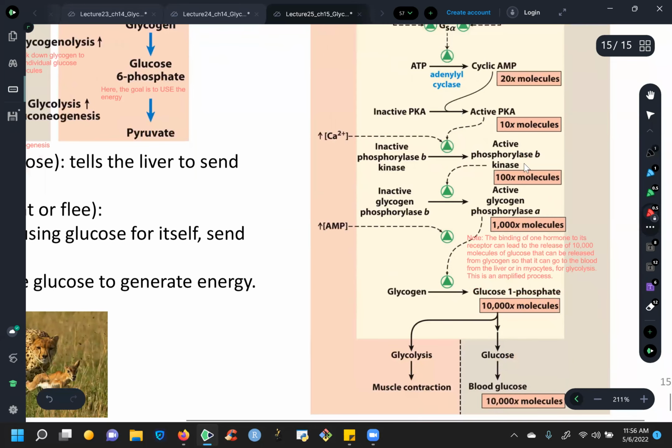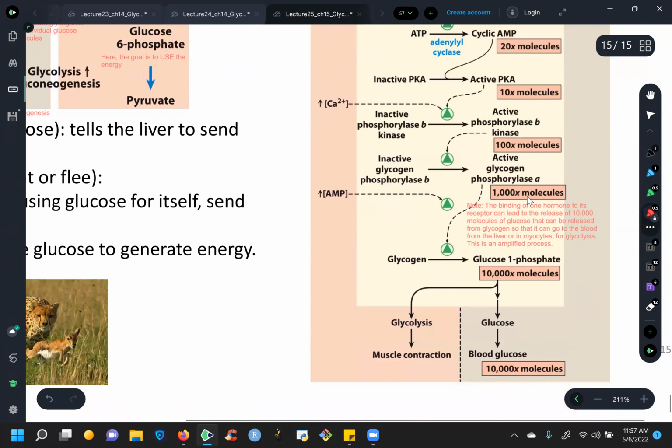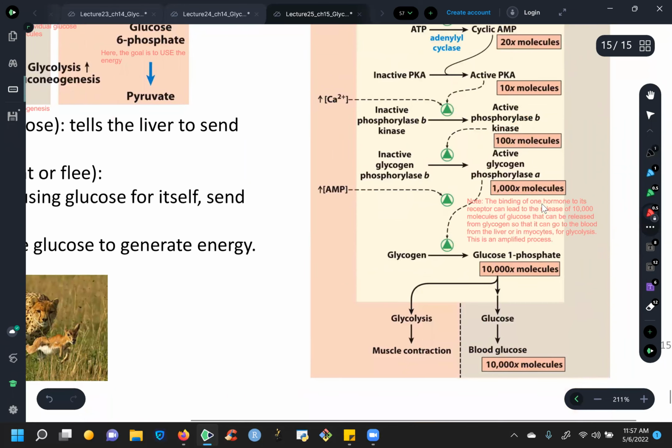And then this will just increase and increase, 100 times the amount of molecules, 1,000 times the amount of molecules. So the binding of one hormone to its receptor can lead to the release of 10,000 molecules of glucose from glycogen so that it can go to the blood from the liver or in myocytes for glycolysis. This is an amplified process.